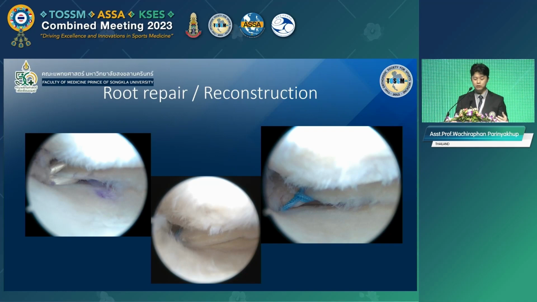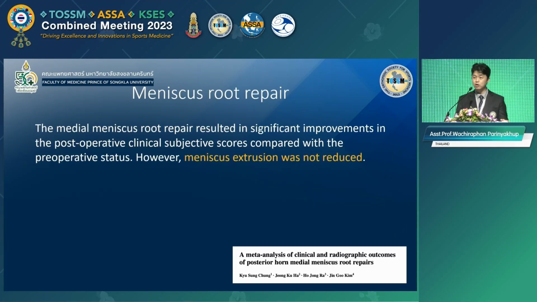All of us know you should do repair or reconstruction of the root. Is it good or bad? The meta-analysis shows that medial meniscal root repair results in improvement of the clinical subjective score, but meniscal extrusion was not reduced.